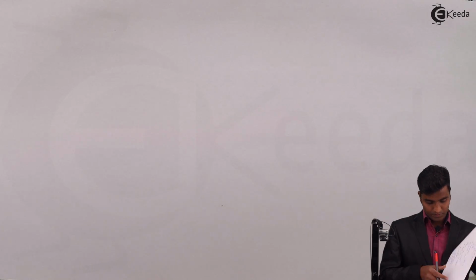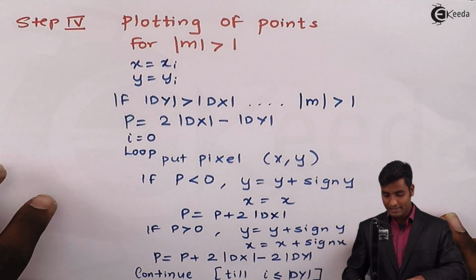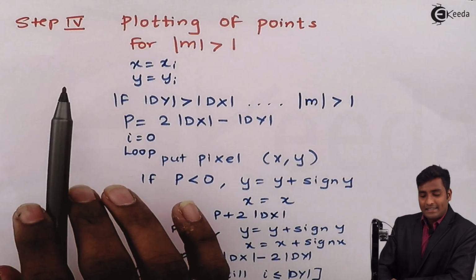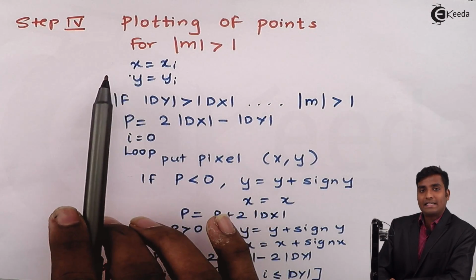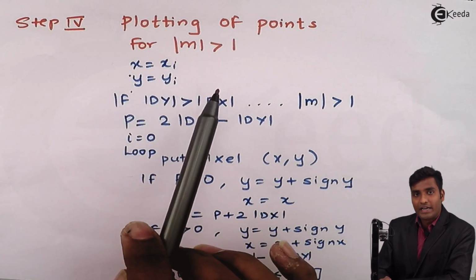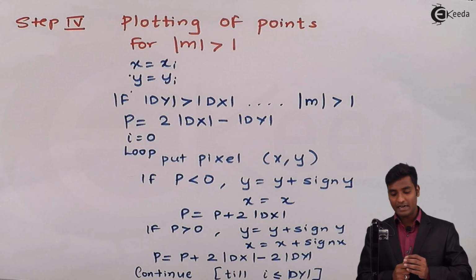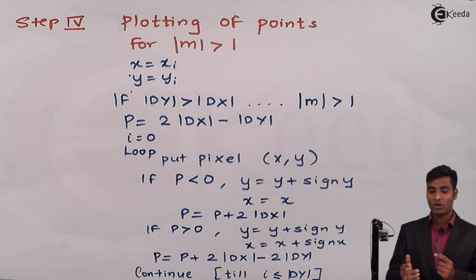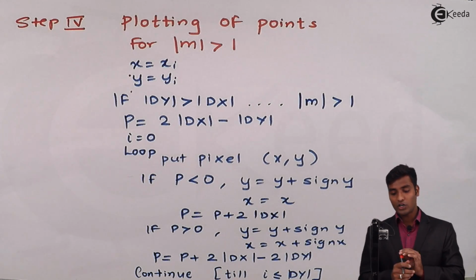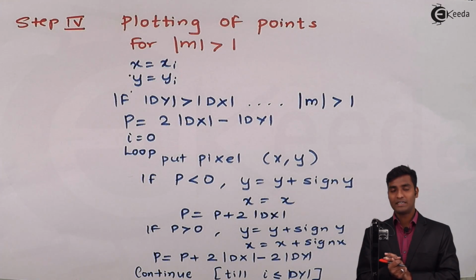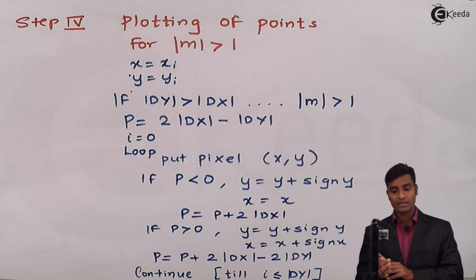So this is a condition. The starting is the same, where I will put x as xi and y as yi, and we will check the values of dy and dx, that is the difference of y and x coordinates. So for slope greater than 1, which means that dy will be greater than dx.